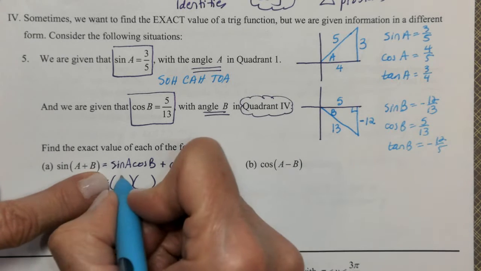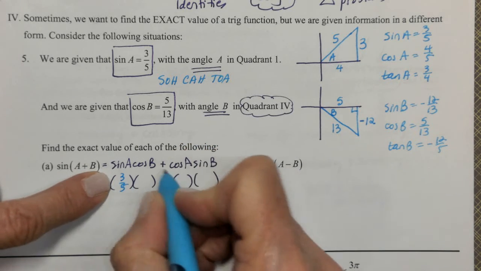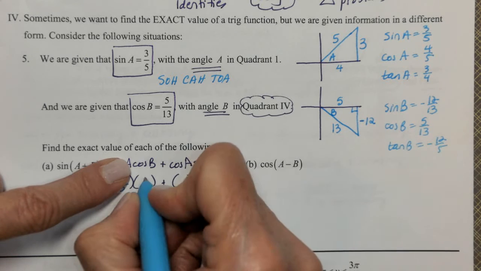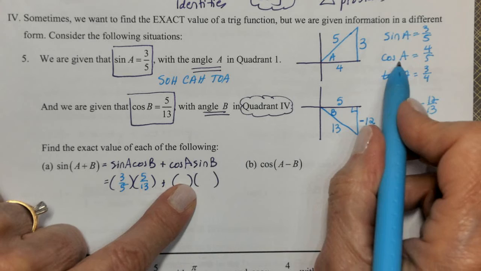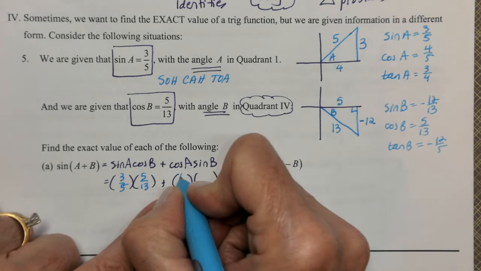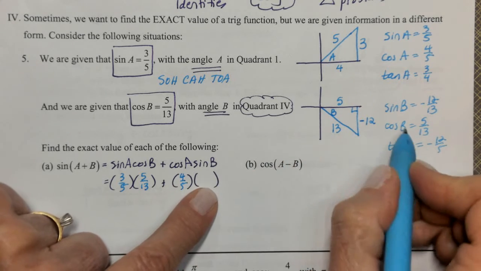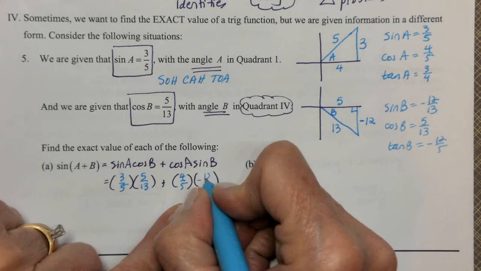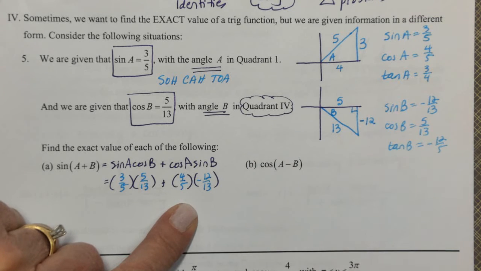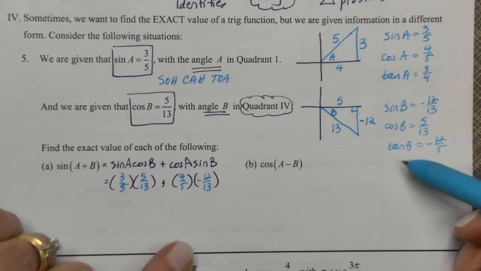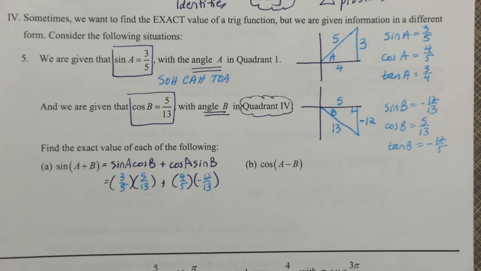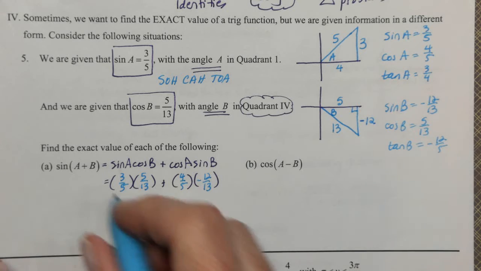Sine of A is 3/5. Cosine of B is 5/13. Cosine of A is 4/5. Sine of B is negative 12/13. In a multi-part problem, you might want to jot these values down over on the side. It might help you to complete these more quickly.